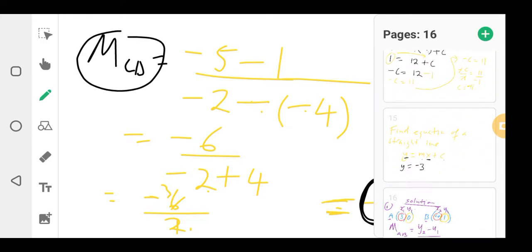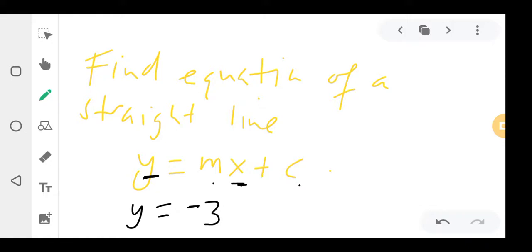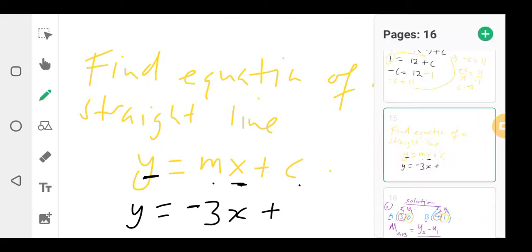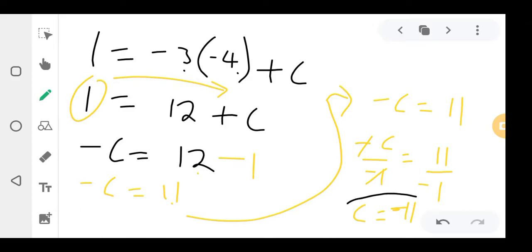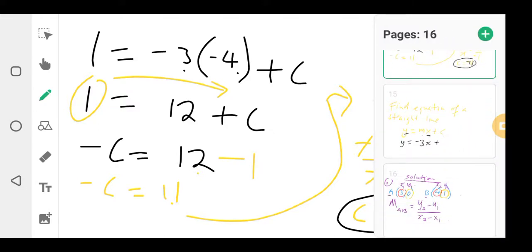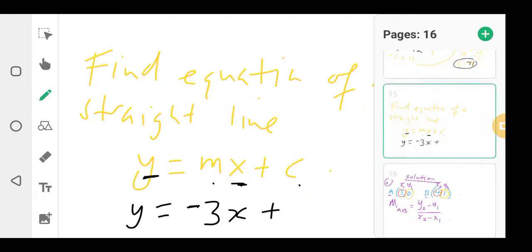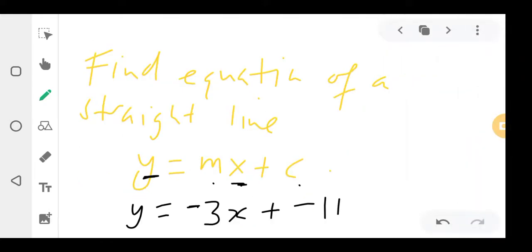x we said doesn't change, plus what is my c? c is negative 11. That's the one that we calculated. So you put in negative 11 in brackets like this.